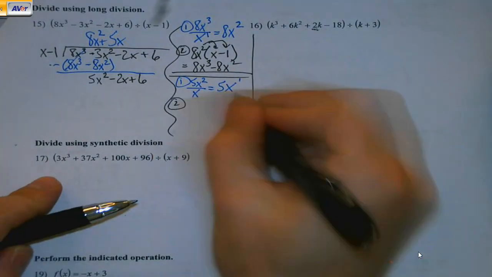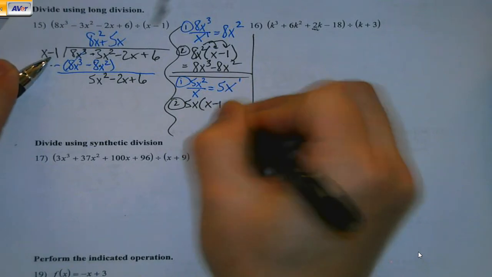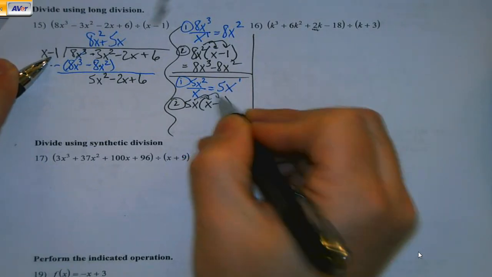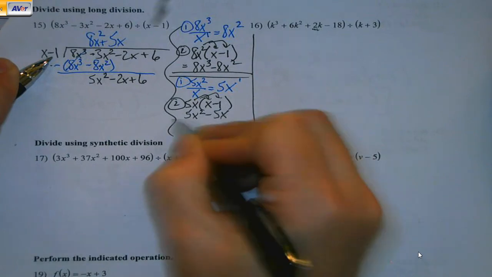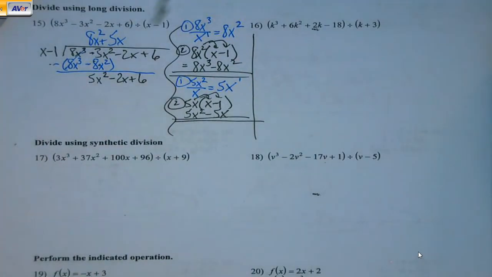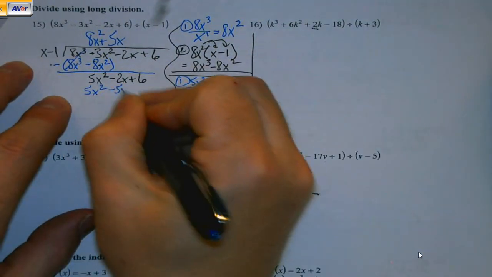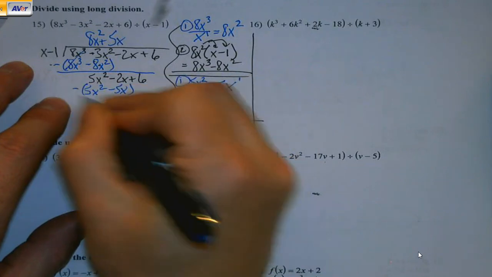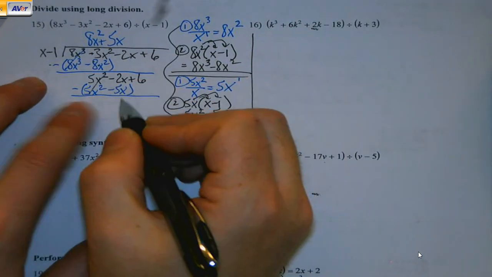Take that 5x, distribute it to the x minus 1. And yes, to put some of you at ease, there will only be one of these on the quiz tomorrow. 5x squared minus 5x. It's not that this is like terrible, it's just, it's repetitive, and I've got to just watch out and make sure I'm watching out for the details.